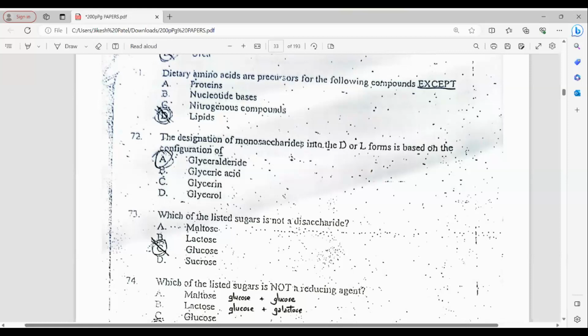Designation of monosaccharides into the D or L form is based on the configuration of which one? Glycerol, glycerin, glyceric acid, glysulfide. I could have guessed.